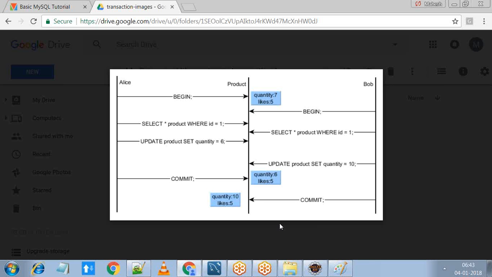The middle line is a product object on which these two transactions are operating. First of all, give it a read.